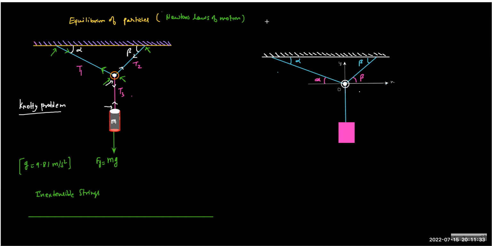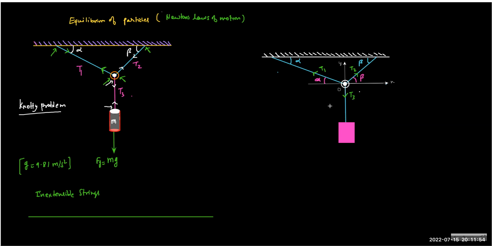And we also know something about these forces. So for the knot, T2 is acting this way, and for the knot, T1 is acting this way. Am I right, guys? And for the knot, T3 is acting this way.